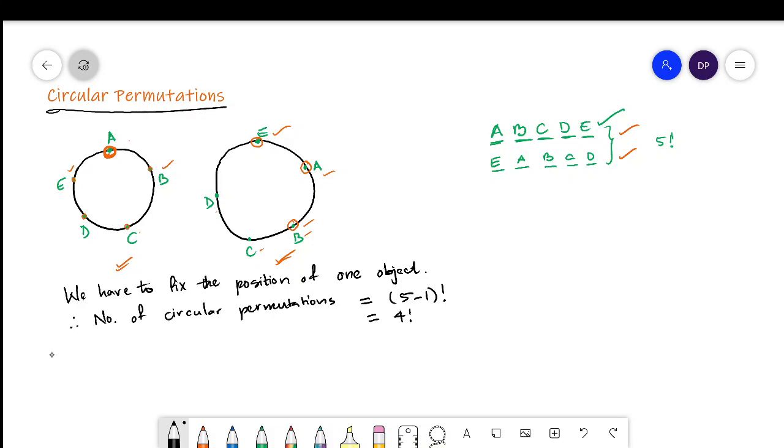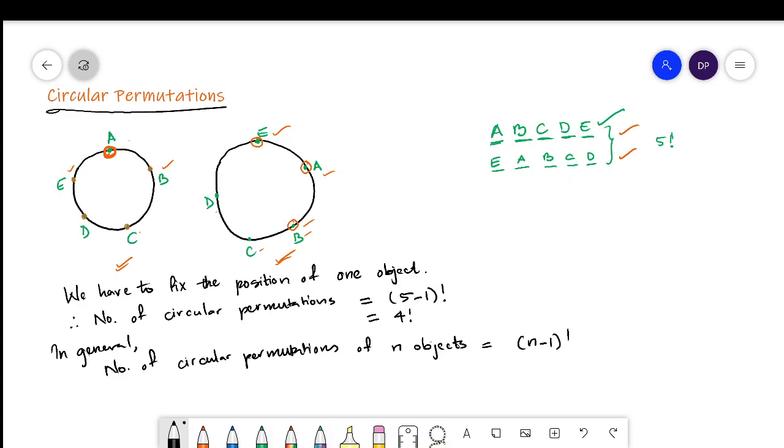Now, in general, the number of circular permutations of n objects is equal to (n minus 1) factorial. Hope this is clear.